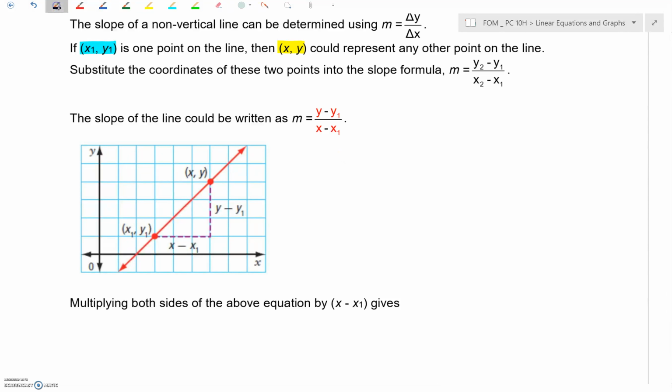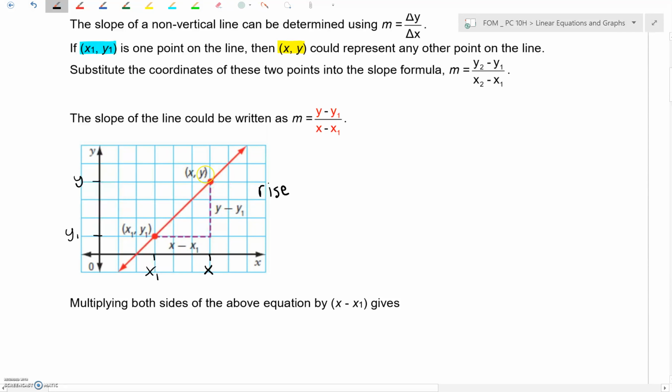Okay, so on our graph here, if you look at this coordinate, this is y sub 1 and this is x sub 1. And if we take a look at this coordinate, then this is y and this is x. Okay, so the way we get our rise, if you remember, this is our rise, we would subtract our two y coordinates, right?